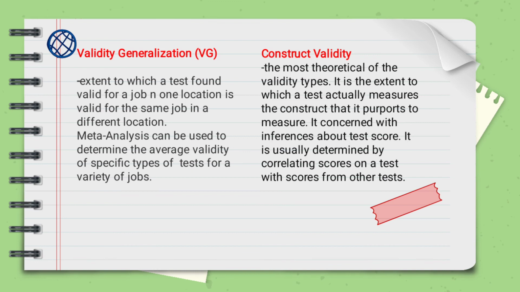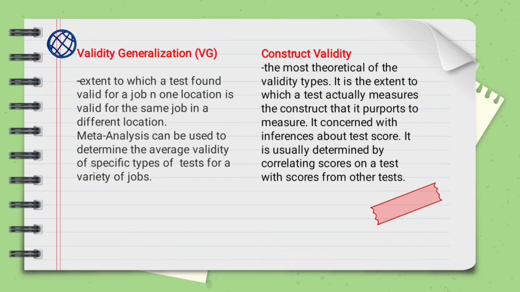So, what is construct validity, no? Construct validity is another characteristic of validity. It is the most theoretical of the validity types. It is defined as the extent to which a test actually measures the construct that it purports to measure. So, construct validity is concerned with inferences about test scores.